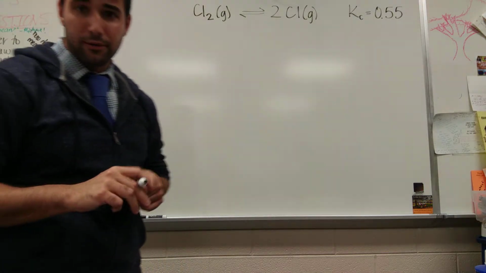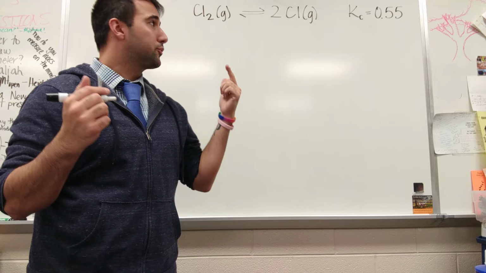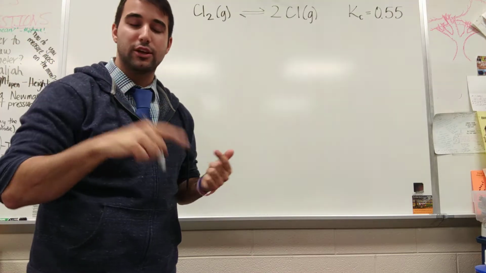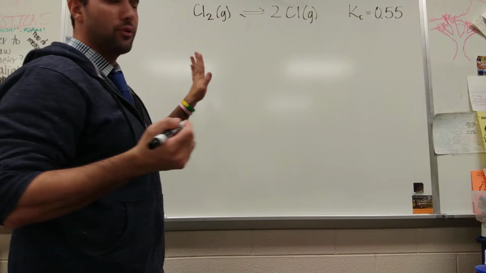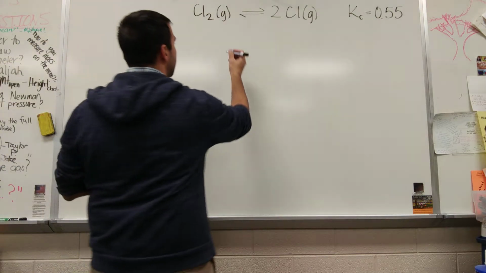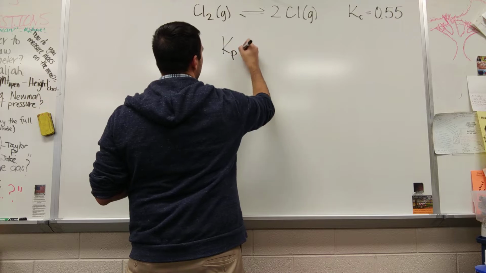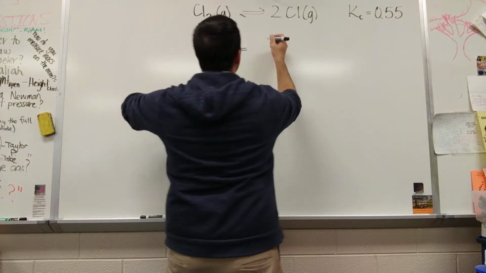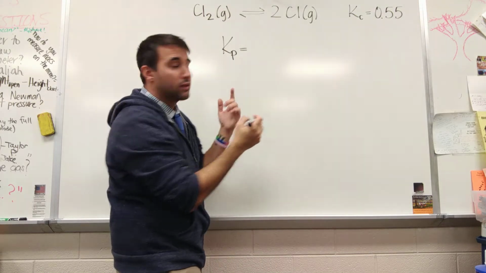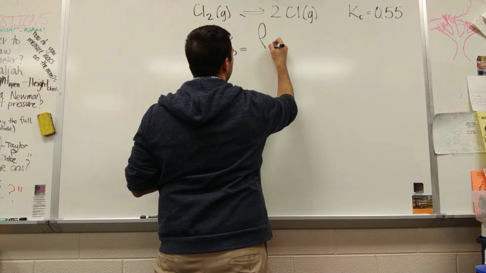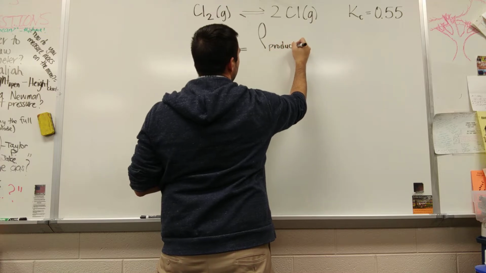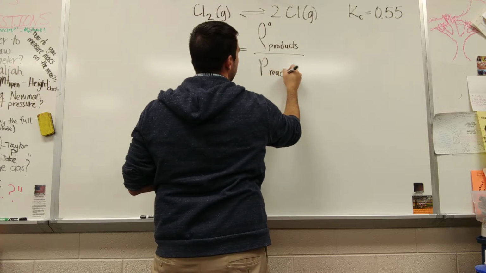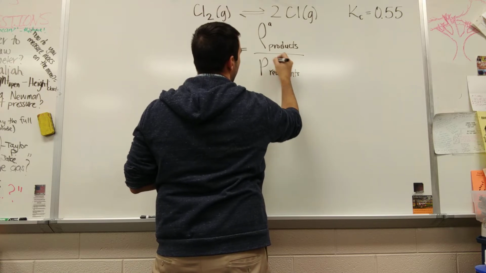You have to remember this is a way to compute between Kc and Kp. Kp involves an expression that uses all of the partial pressures. So let's start by first writing the Kp expression. The Kp expression uses the partial pressures, or just letter P. The way I write a Kp expression is I use the partial pressures of the products raised to some power over the partial pressure of the reactants raised to some power.